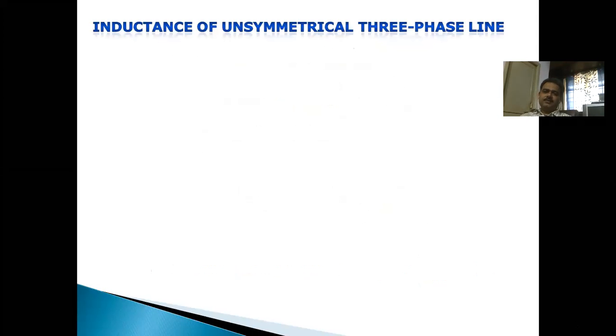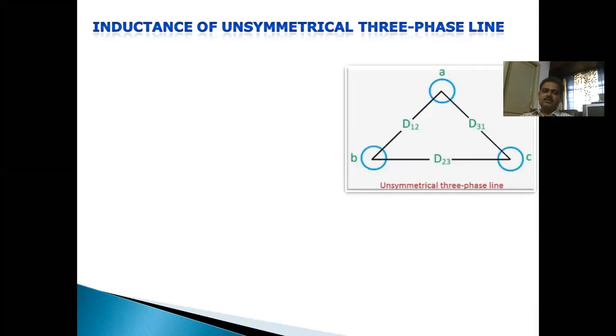Coming to the next, unsymmetrical three-phase transmission. Practically, in most cases the conductors are placed in an unsymmetrical fashion. It is not possible to maintain the same distance throughout the length of the line. So that's why the practical configuration is unsymmetrical spacing.